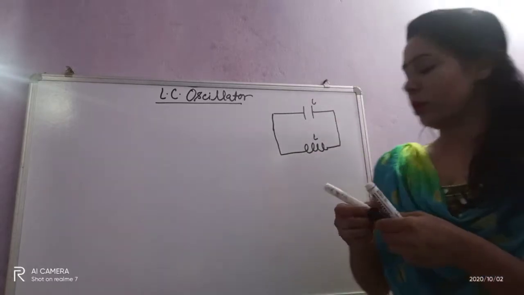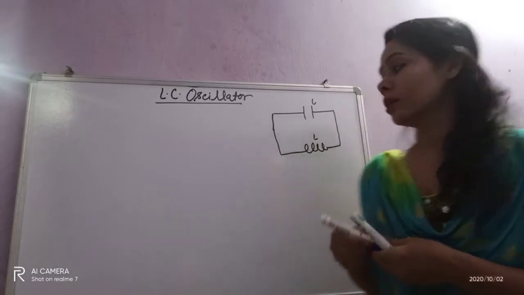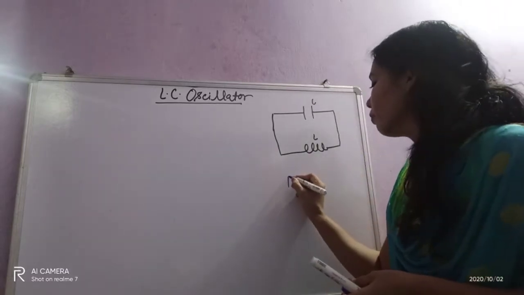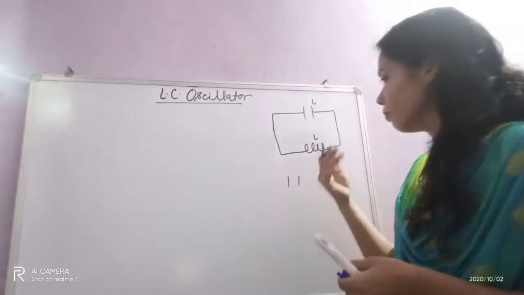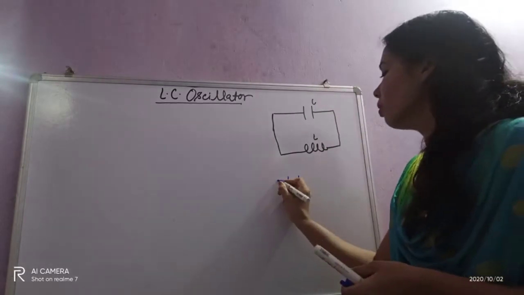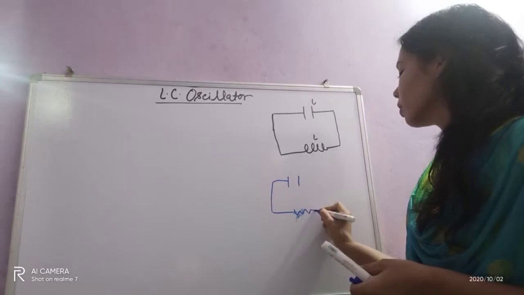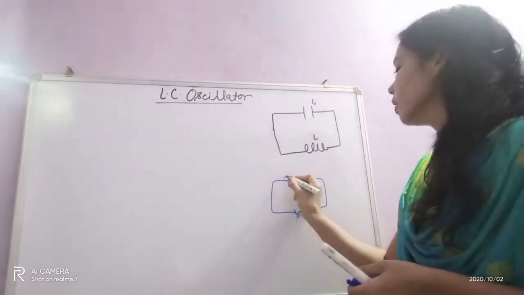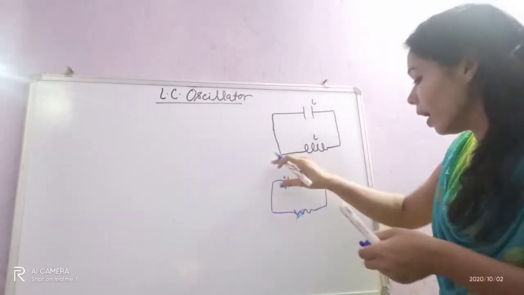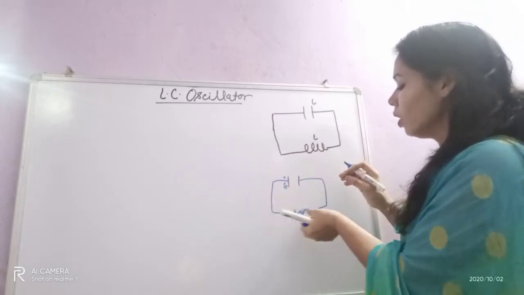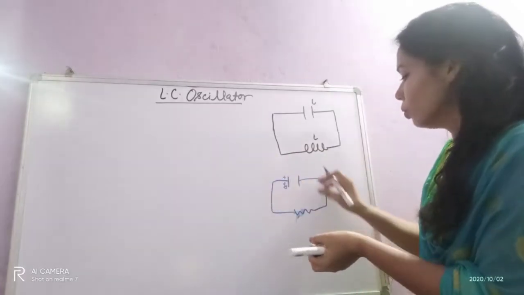Now look, you have studied in the chapter on capacitors that if we connect a charged capacitor with any circuit or any resistance, then what will happen? A very high amount of current will flow from the positive, higher potential plate to the lower potential plate.